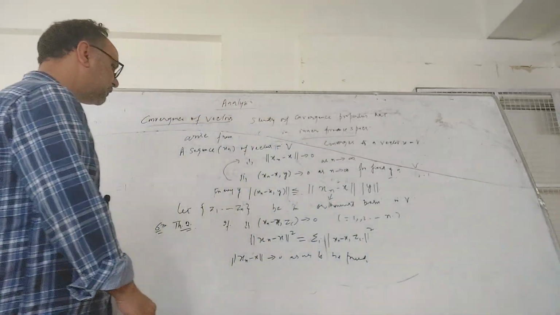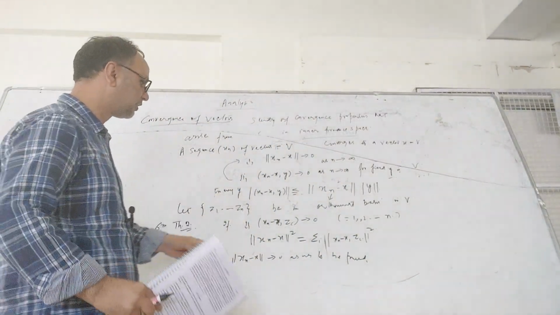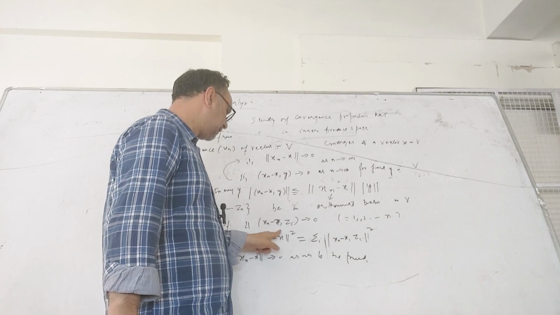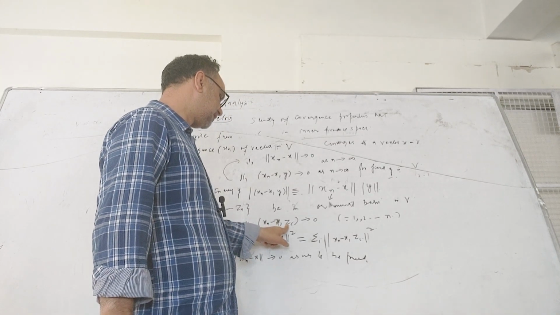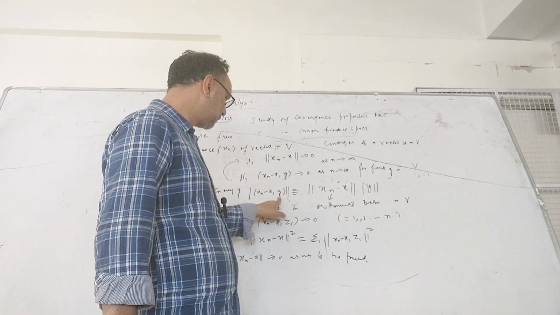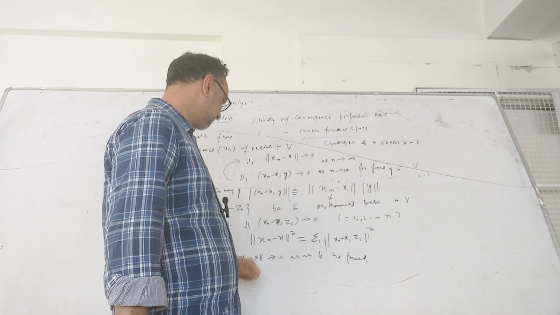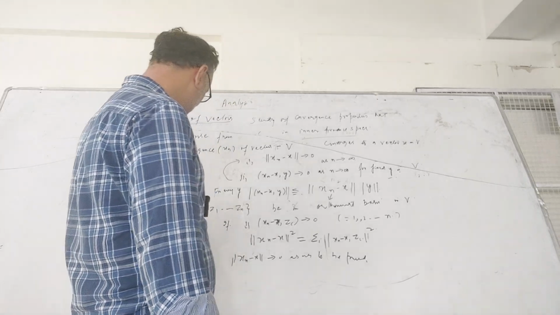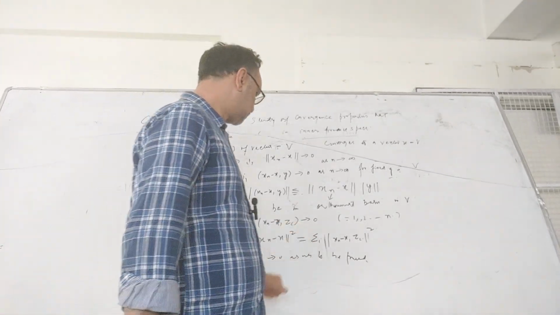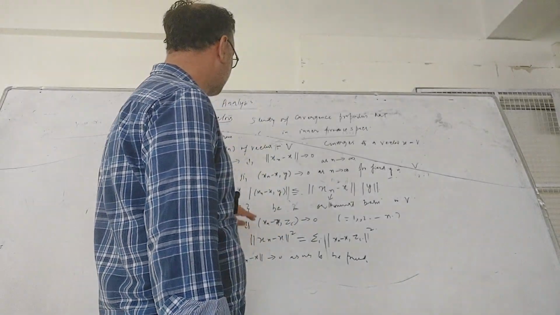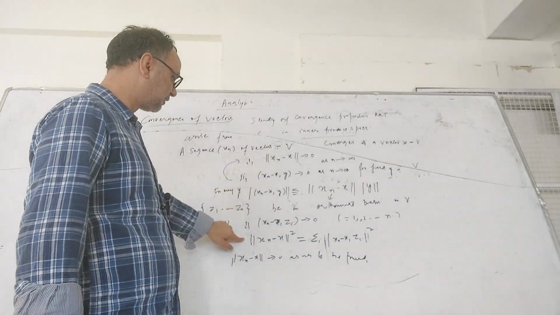So the argumentation goes basically that we start with the sequence xn minus x, where we have bounded it, we replace it by zi, and from the logic of this theorem we can say this is equal to this. So from this you can say the validity of this is there.